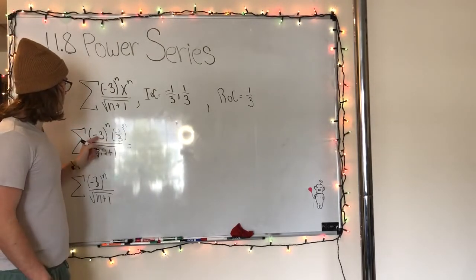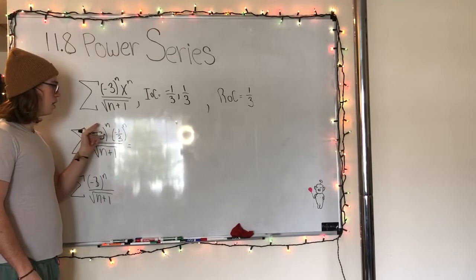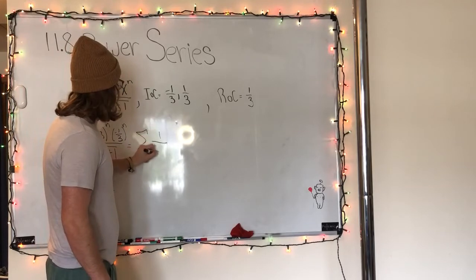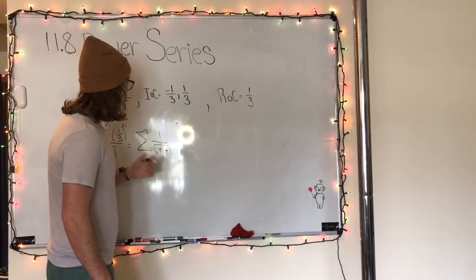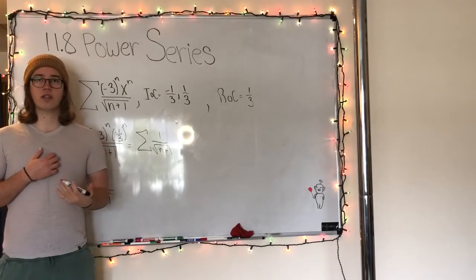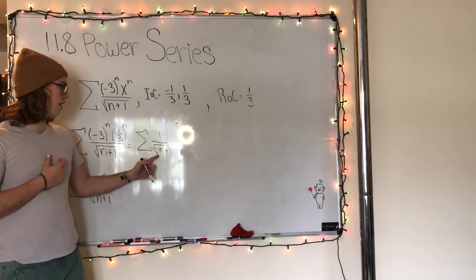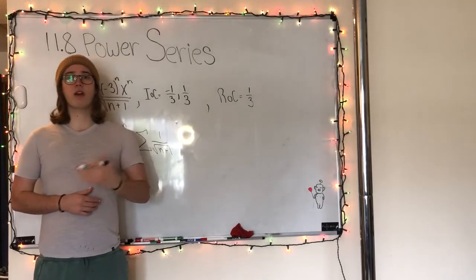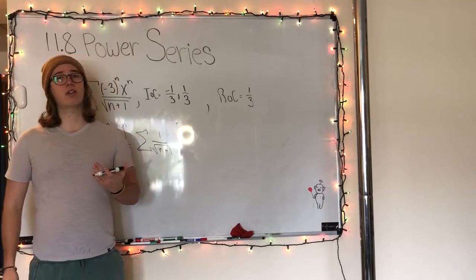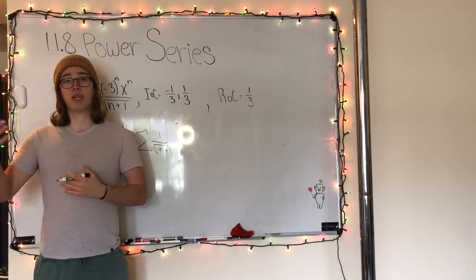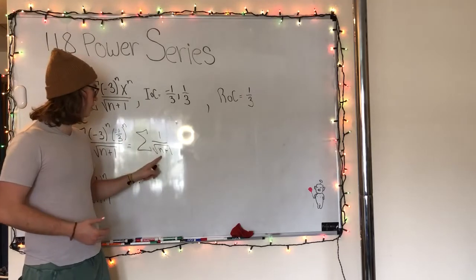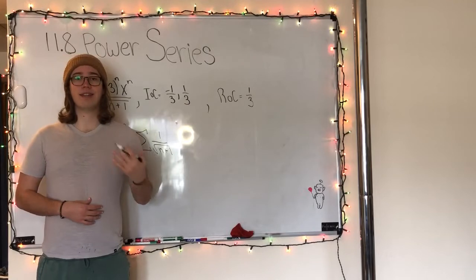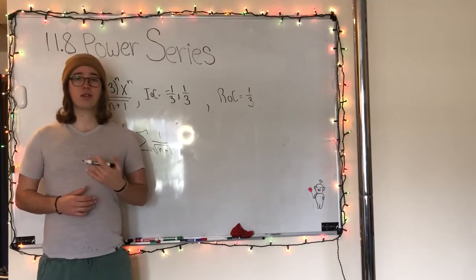Well, this then becomes -3 times -1/3, both to the n. This is just going to be equal to the sum of 1/√(n+1), which we know diverges because this is a p-series with power less than or equal to 1. Whenever we have 1/n to the p, if that p power is less than or equal to 1, the series will diverge.